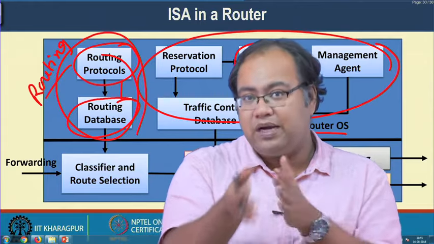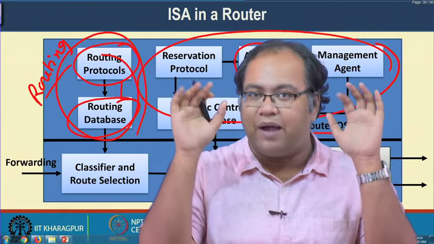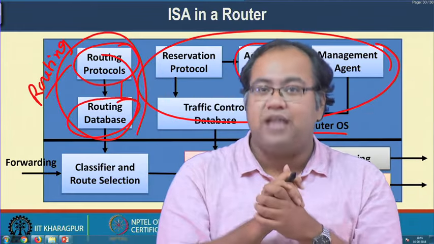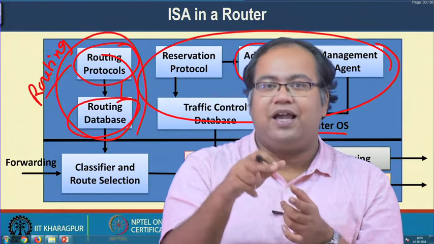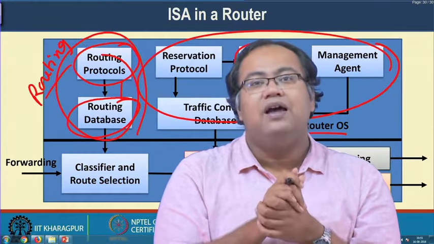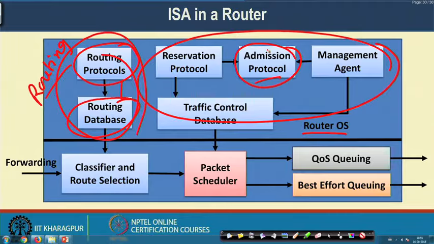You have possibly observed this when making a voice call. Sometimes you have heard a nice voice from a lady saying that all lines are busy, please dial after some time. It is just like the network is not allowing you to get admitted because it does not have a sufficient amount of resources. That is the purpose of this admission control protocol.